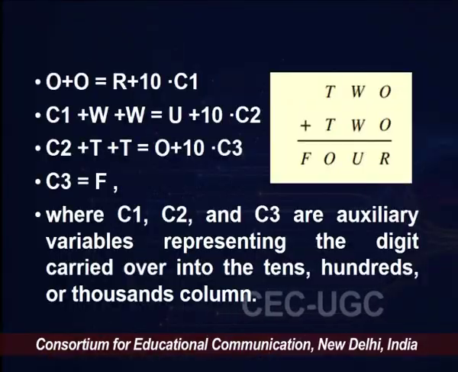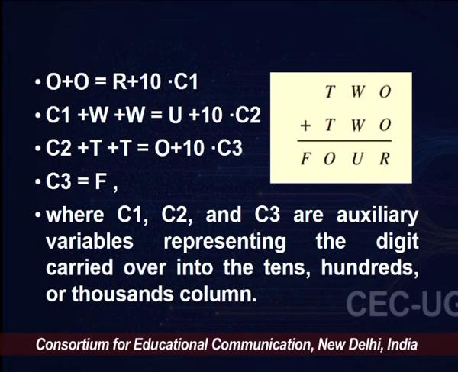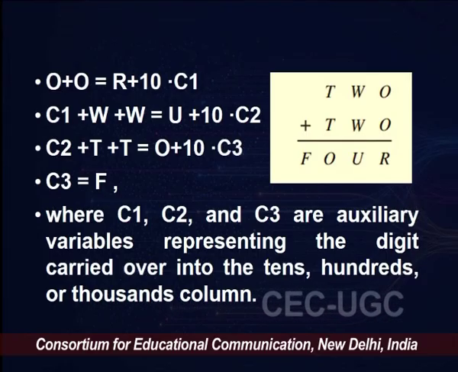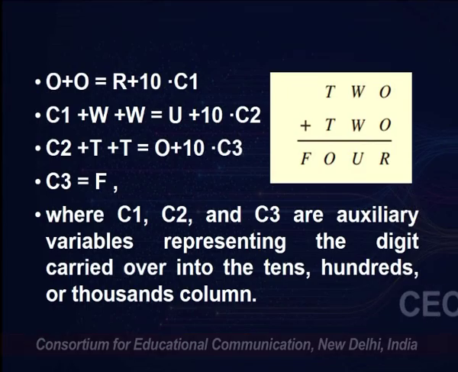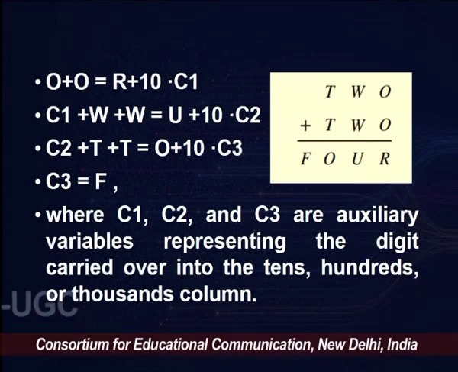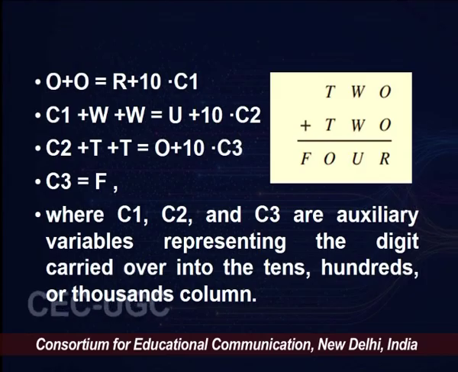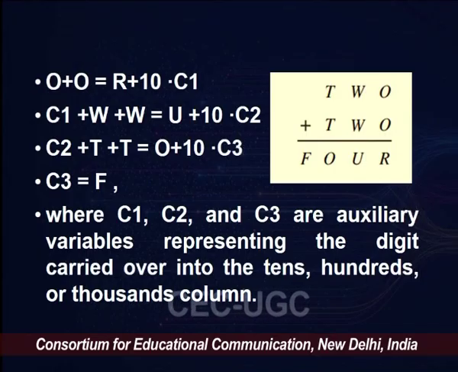For example, we have O plus O is going to be R, and then there can be a carry from this column to the next column on the left, which is W plus W. So, O plus O may equal R only, or it can generate a carry also. In order to accommodate that carry, we write O plus O equals R plus 10 multiplied by C1.